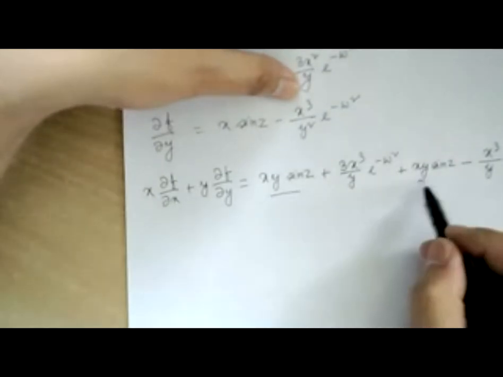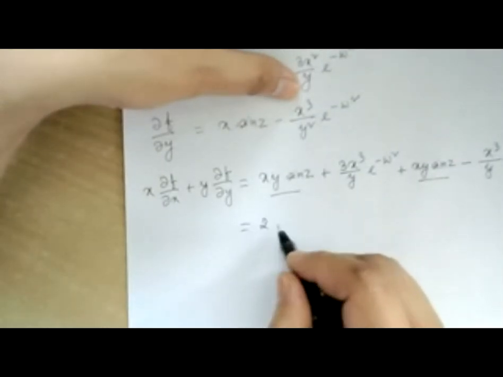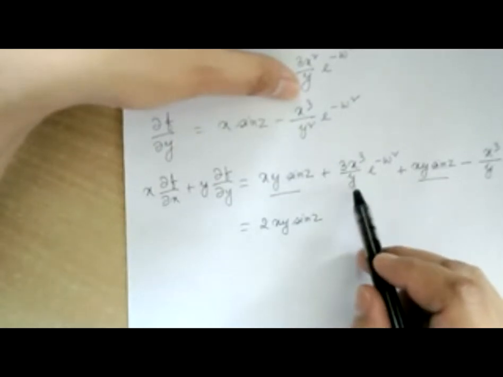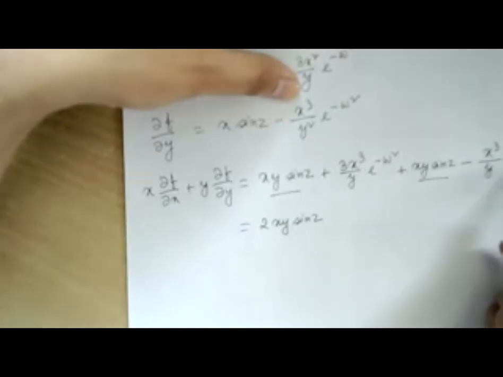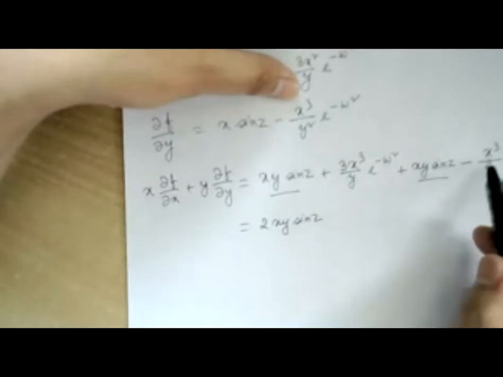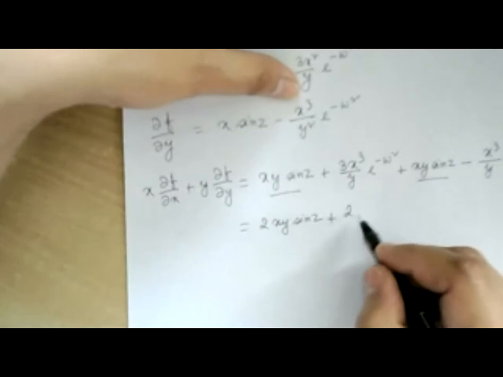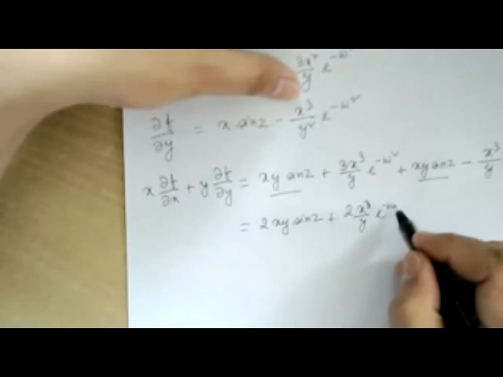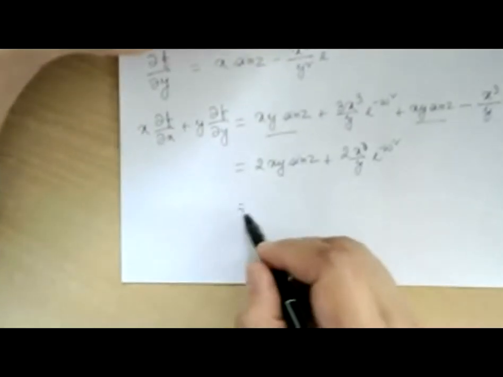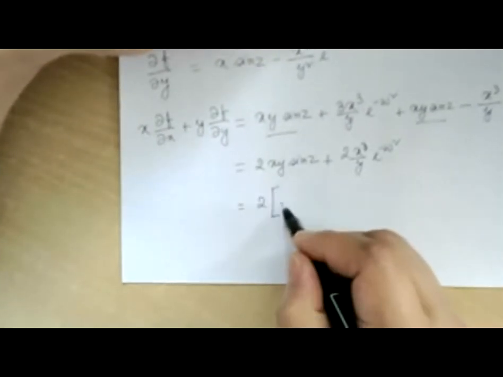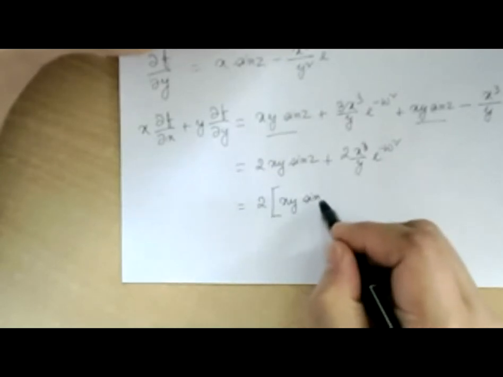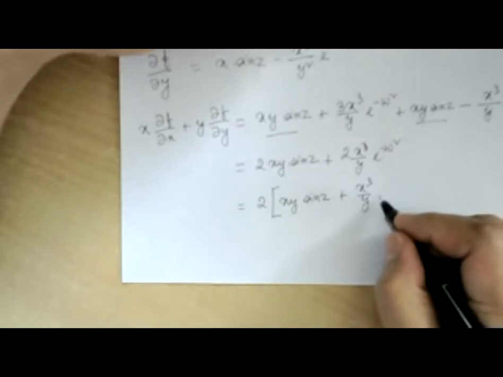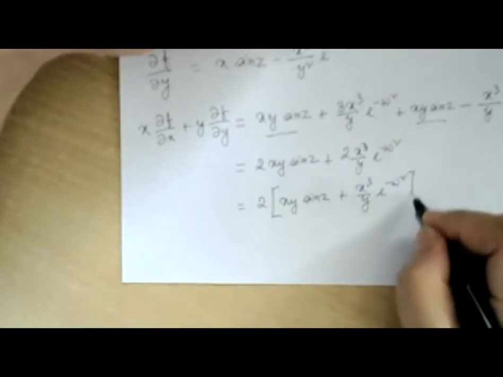Now these two are the same, so we get twice xy sin z. Now this is 3x cubed by y, this is minus x cubed by y e to the power minus w square. So 3 minus 1 is 2, plus 2 times x cubed by y e to the power minus w square. So from this we can take 2 common and we get xy sin z plus x cubed by y e to the power minus w square.